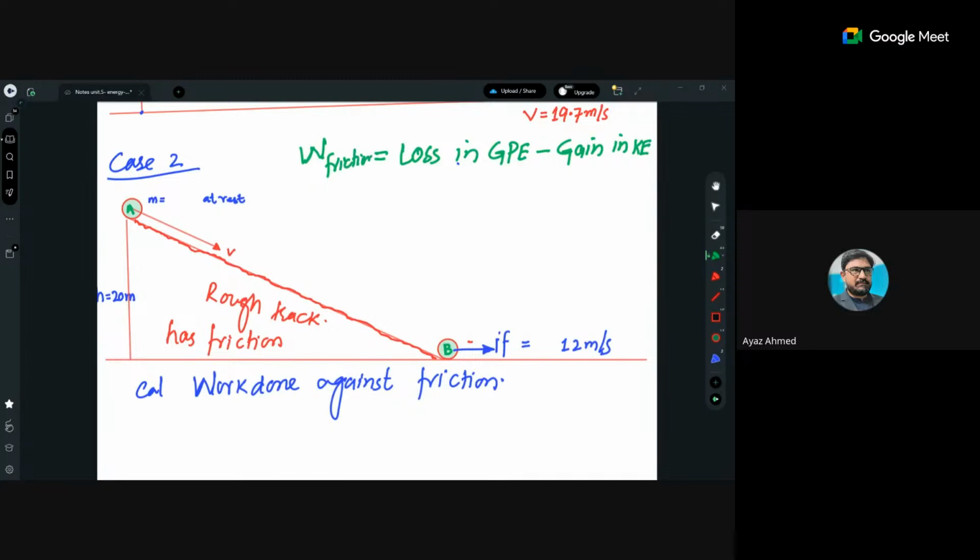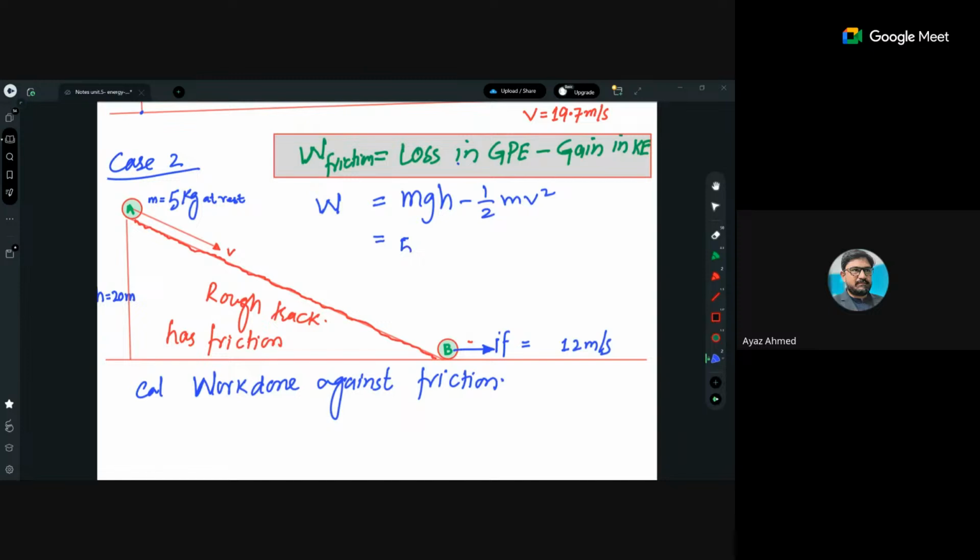Are you getting it? That was the formula I have given to you. So work done against friction is loss in GPE minus gain in kinetic energy. So that is mgh minus 1/2 mv squared, equals work done against friction. So what was the mass of that body? 5 kg.